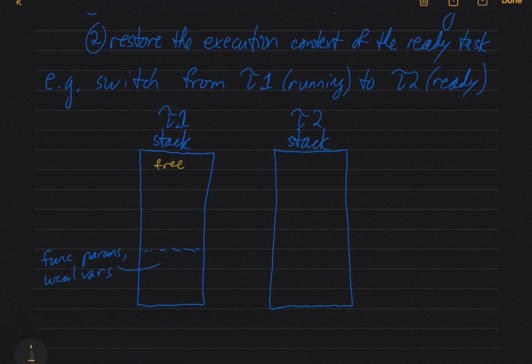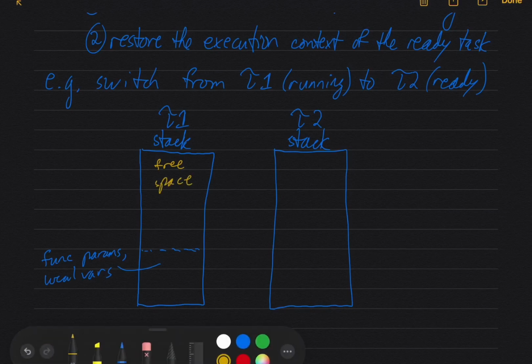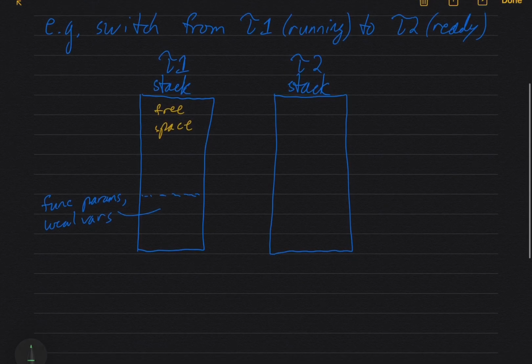On top of that, I'm going to use this goldenrod color here. We have free space. And you never want to exceed the space that you have for your stack. I didn't mention that on the last page, but you saw all the stacks were close together. And so if you overrun your stack, then you're going to start interfering with other task stacks or maybe the task control block. And so you have to size the stacks.